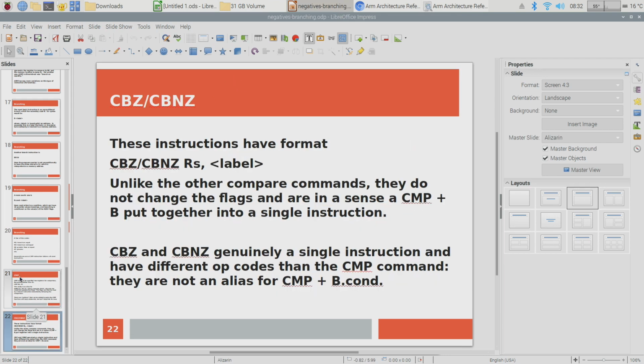So there are two specialized instructions that do a comparison and a branch together in one instruction, but there's only two variants of it.